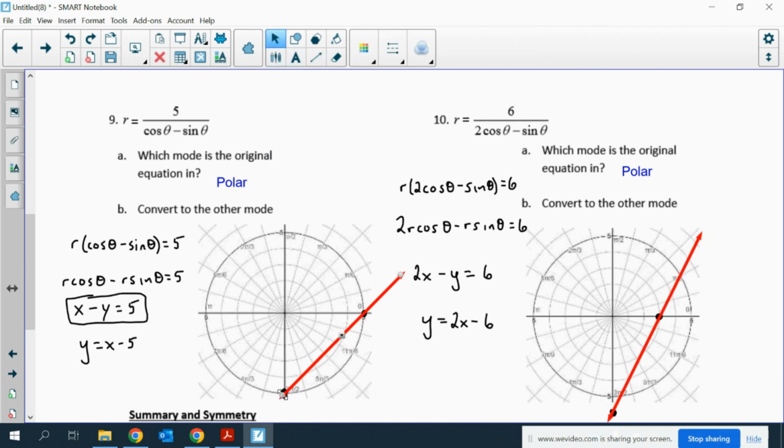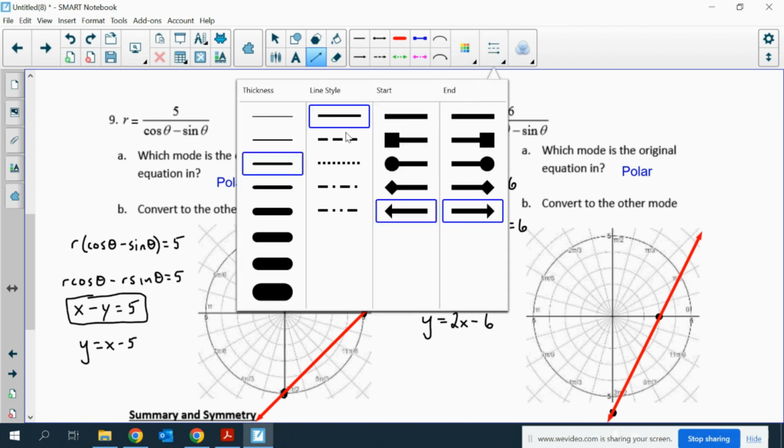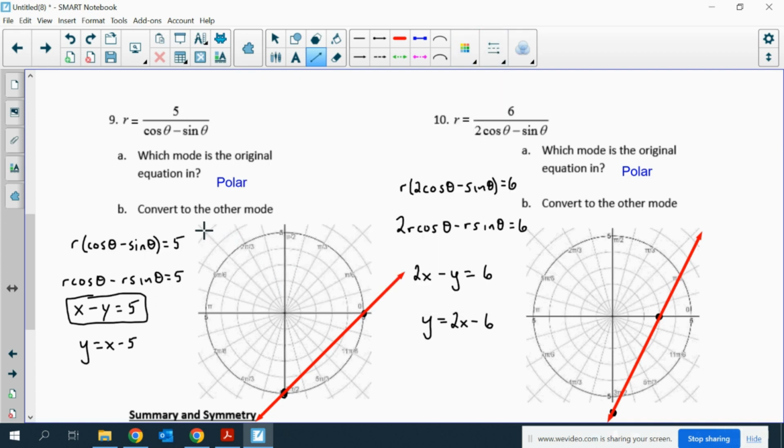And what we want to do is figure out what they are symmetric to. So in this case, number 9 is going to be symmetric to the line theta equals 3 pi fourths. Notice that it folds directly over that.